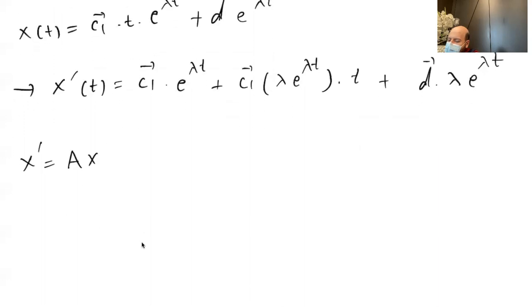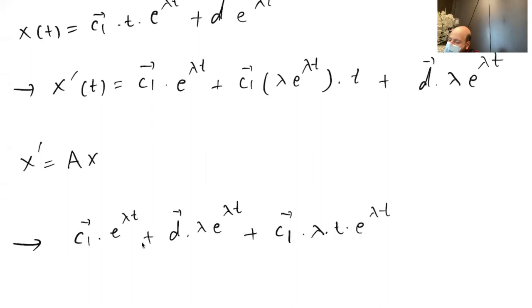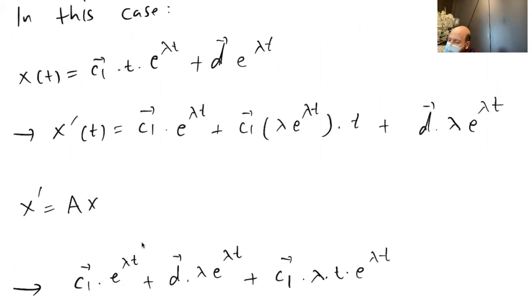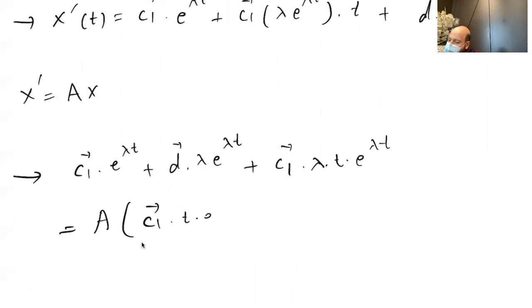And I know that x prime is this, so I can substitute: C1 e to power lambda t plus d lambda e to power lambda t plus C1 lambda t e to power lambda t must be equal to A times x. x is C1 t e to power lambda t plus d e to power lambda t.